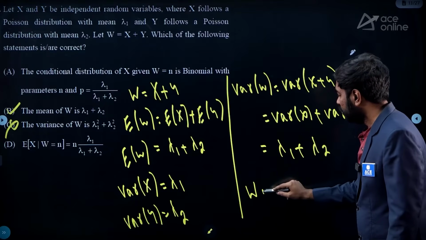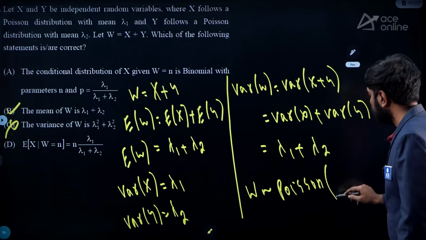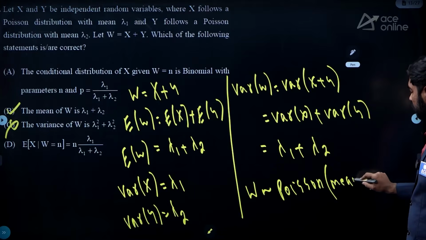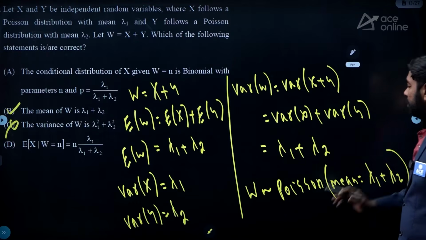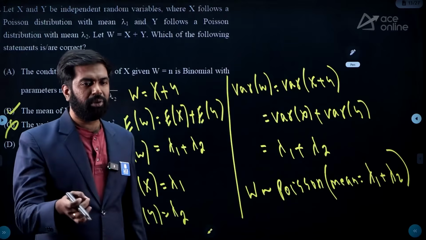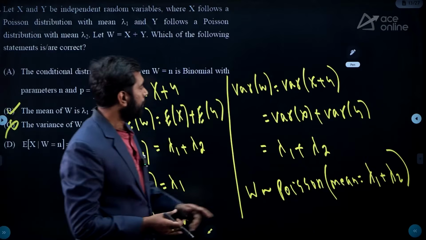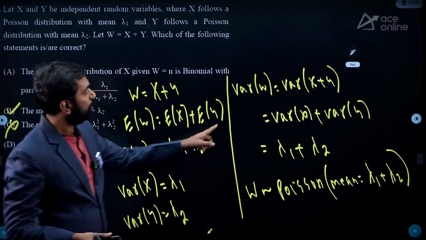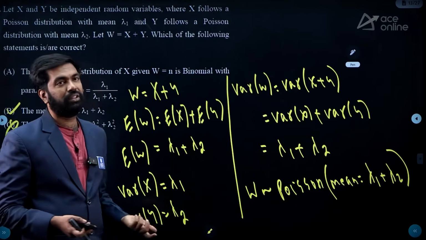So w is also Poisson, with the parameter, or the mean, equal to lambda 1 plus lambda 2. We know a fact that the sum of two independent Poisson random variables is again a Poisson random variable with the mean as, where did I find the mean of w? Yes, the mean of w is lambda 1 plus lambda 2.